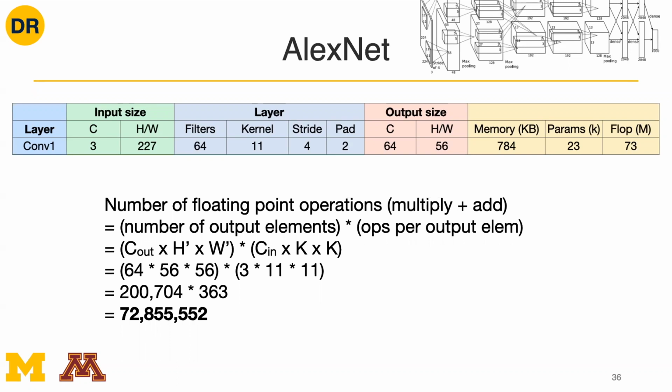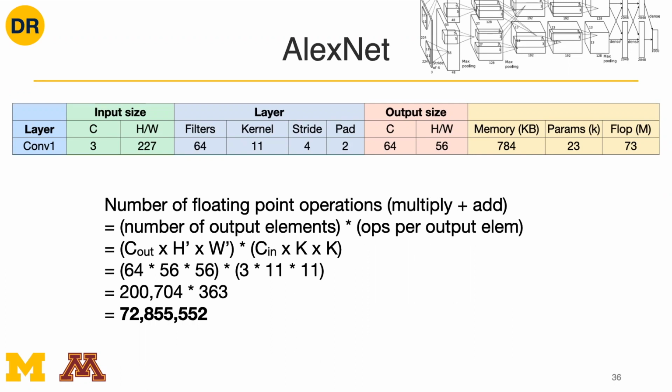Okay, so we talked about memory, we talked about parameters, we talked about flops. For memory, you want to use the activation maps, which is basically output, and multiply that with bytes. Whereas for parameters, you're going to use the weights and biases, especially for convolution layer, the size of your kernels of all the filters together.